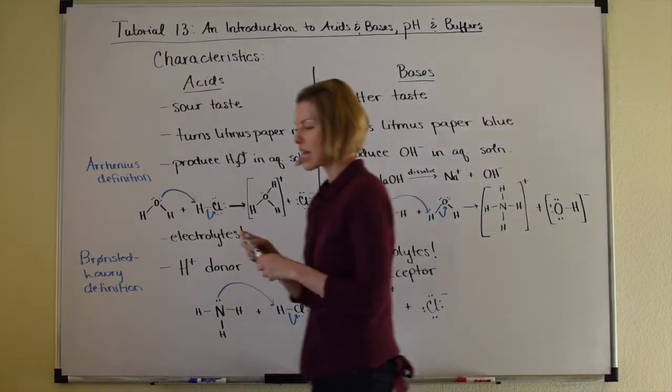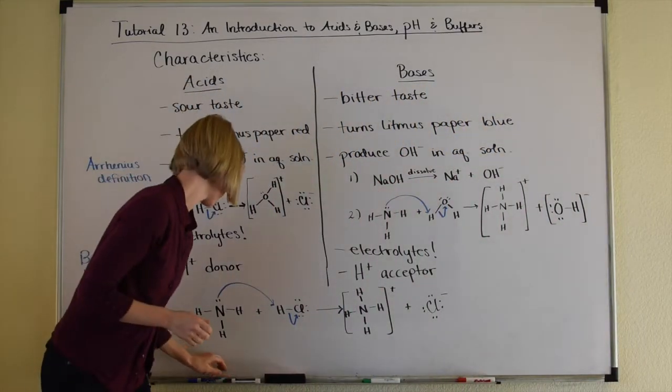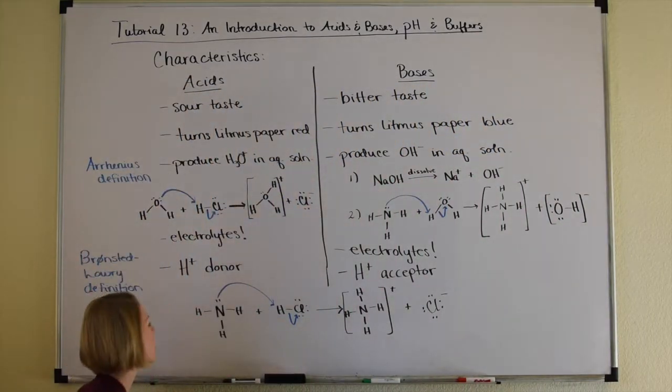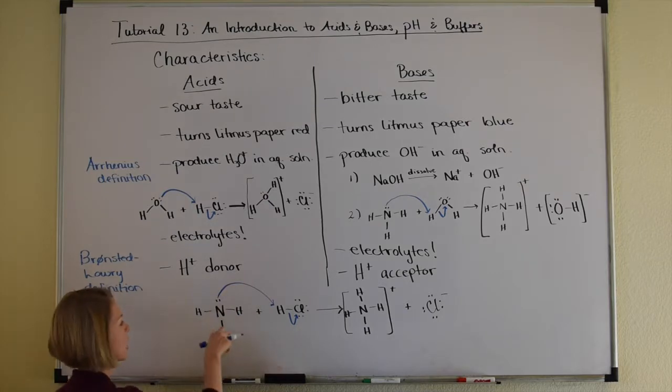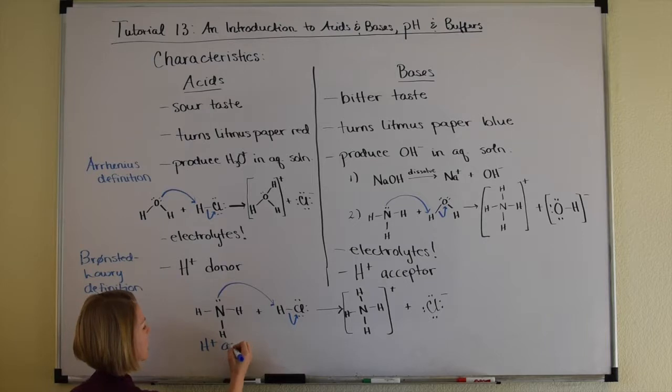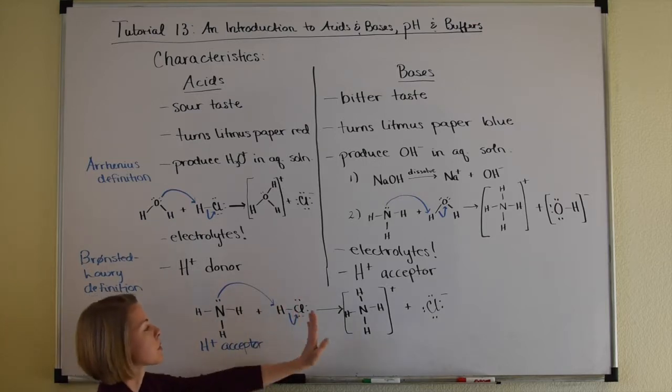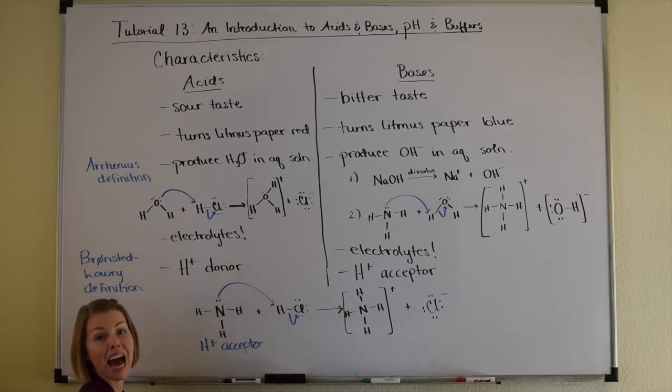All right, so in this reaction, let's label in blue, NH3 is our H plus acceptor. It is accepting an H plus and turning into the ammonium cation.